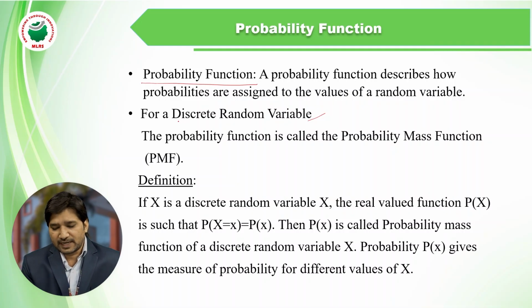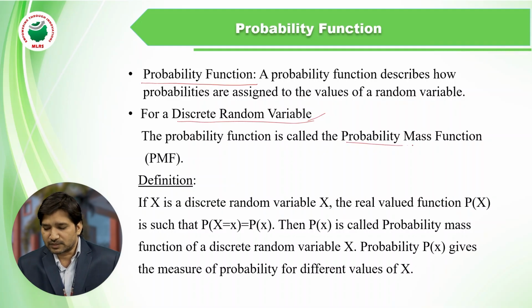In a discrete random variable, the probability function is called the probability mass function.